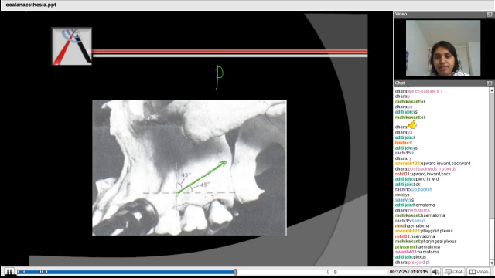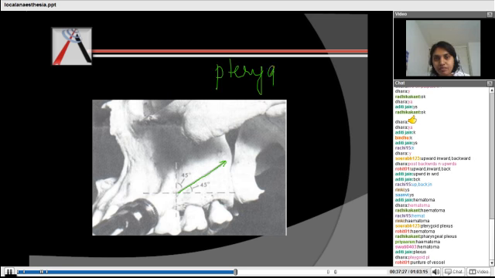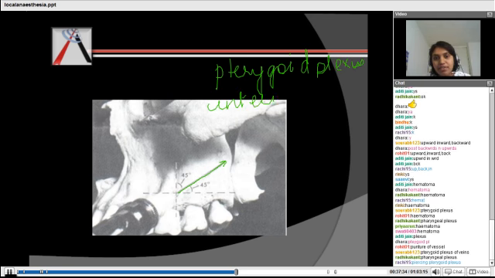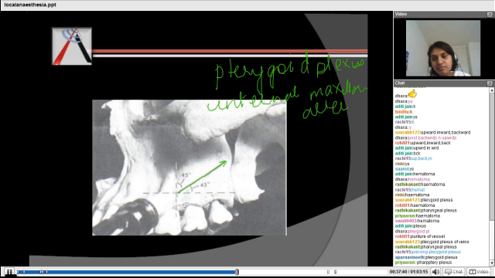Hematoma is caused by pterygoid plexus and internal maxillary artery. Okay, so most common cause is hitting the pterygoid plexus.